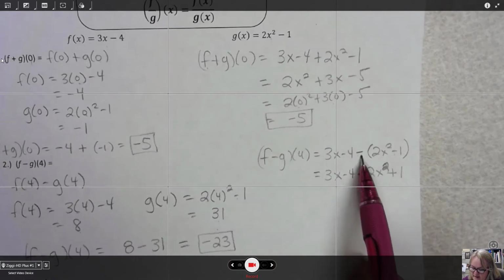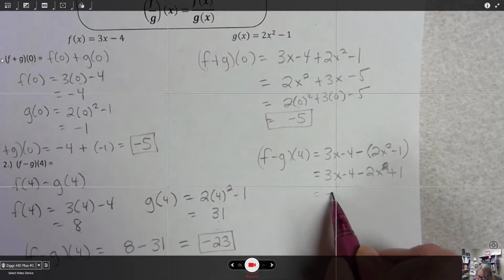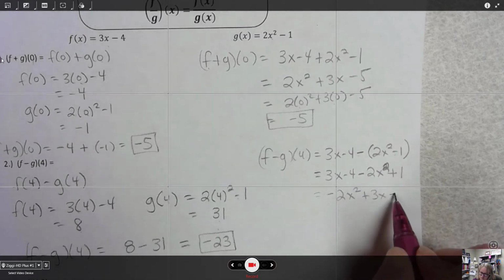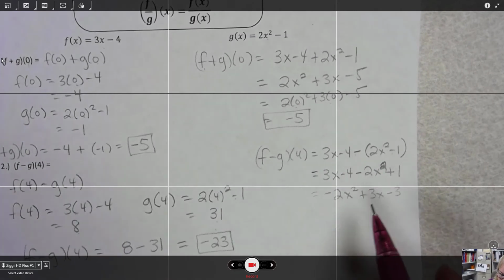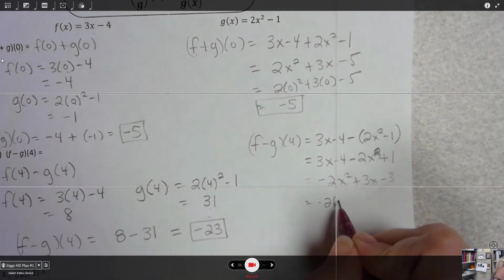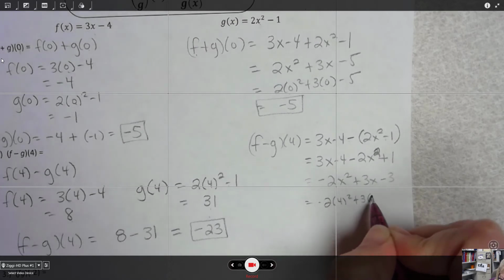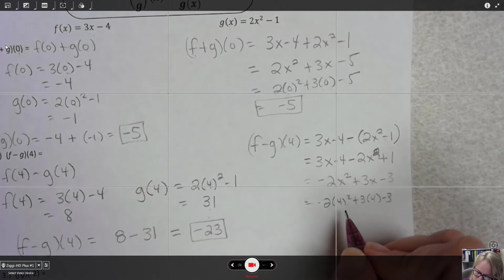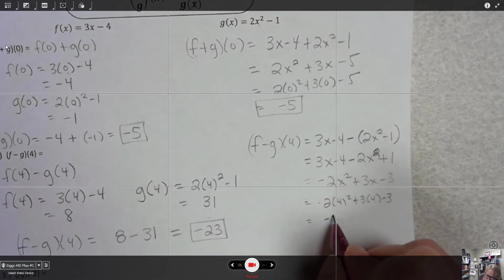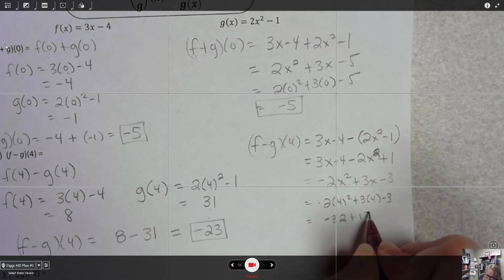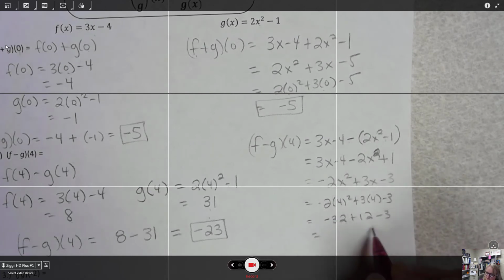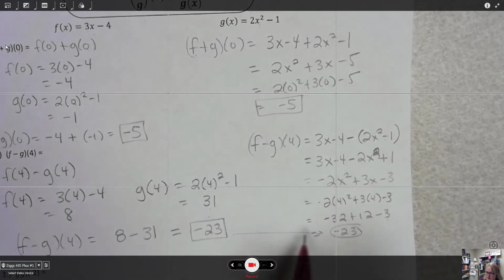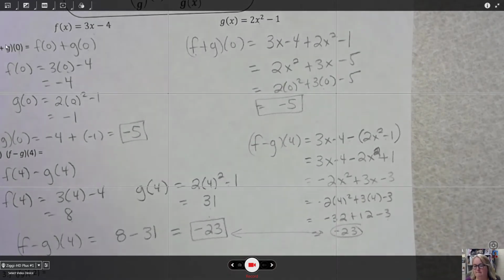That would give me negative 2x squared plus 3x minus 3. Then I fill in the value 4 everywhere there's an x. We calculate that out, so that'll be negative 32 plus 12 minus 3. Negative 35 plus 12 makes negative 23. So notice, same answer no matter which method we use.